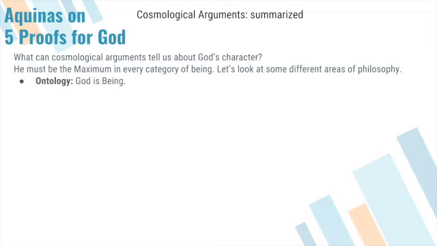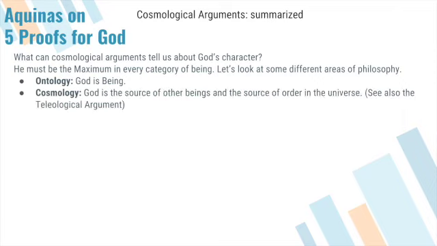That means if God is the maximum, then God is being itself. God is the most absolute being. What about cosmology? God is the source of other things and the source of order in the universe, all right? God is the maximum. God is logic itself. God is order itself, constituted in this being. See also the teleological argument, which is still coming up as the 5th proof, right?